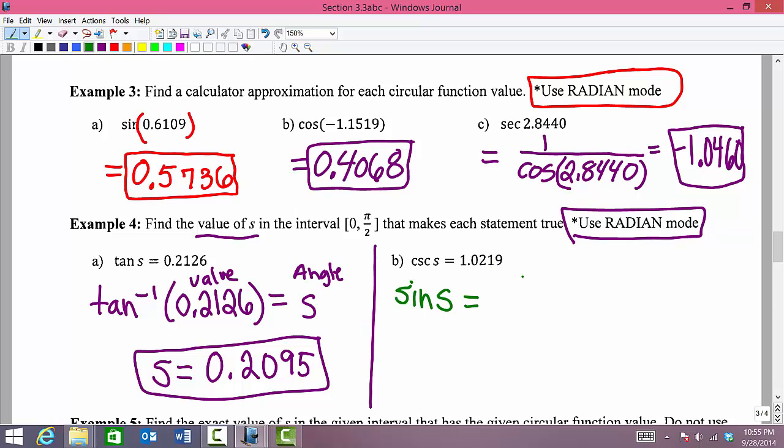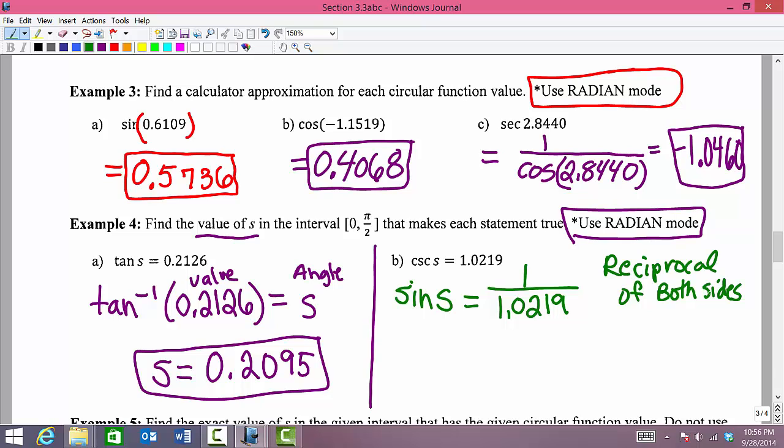And we want to take the reciprocal of this, which of course just means to put it under 1. So now that we've taken the reciprocal of both sides, now we can actually find the angle value by using our sine inverse button in our calculator and feeding it the sine value of that angle.